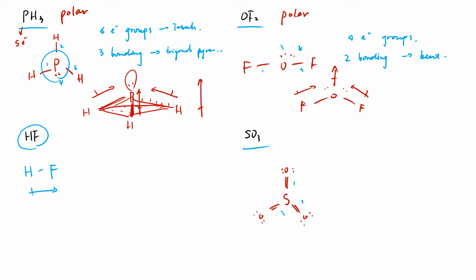1, 2, 3. So 3 electron groups. No non-bonding groups. So it is a trigonal planar. If it's a trigonal planar, then all of these 4 atoms are on the same plane.